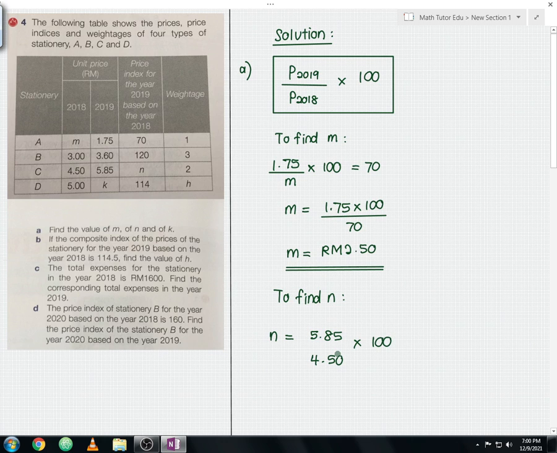Let me underline the fraction. You calculate this, you should get your N is equals to 130. Okay, so this is your second solution. So let me underline this.